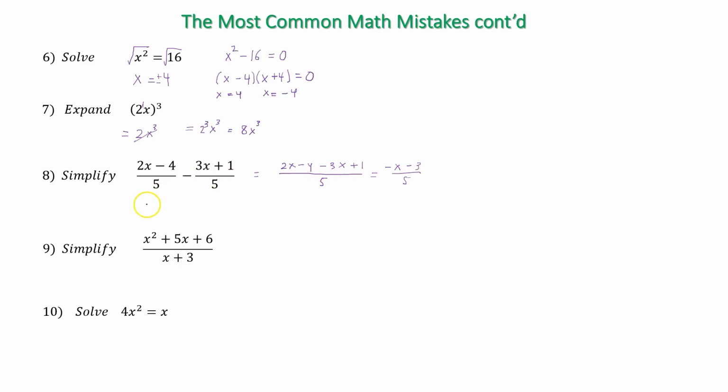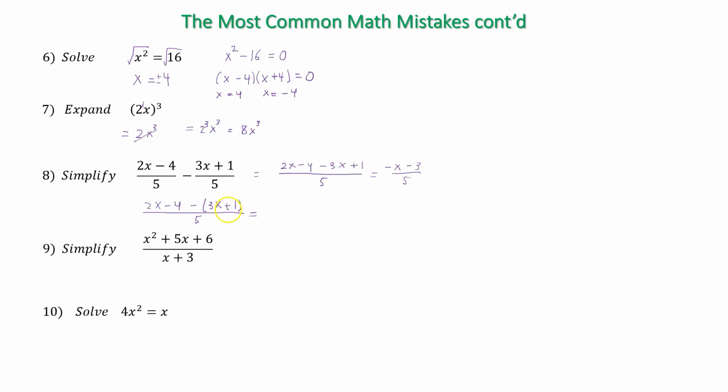So the right way of subtracting these two expressions is, when subtracting, you have to make sure that you put the second expression in brackets. So it should be 3x plus 1 all over 5. And then this negative 1 that's in front here has to get distributed.